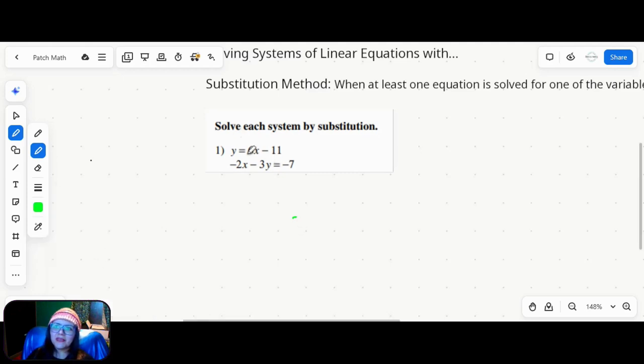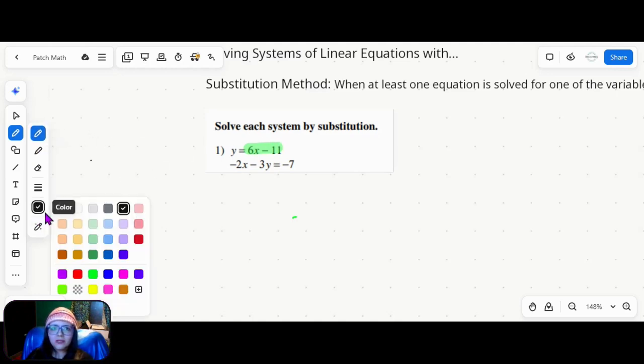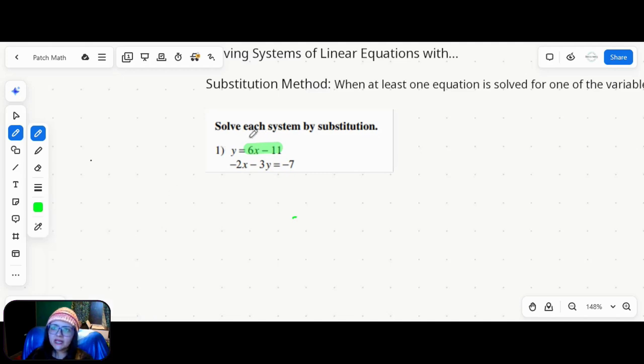Just like the method sounds like, we will be taking all that y equals, and we will be taking it and plugging it in for where y is in the second equation. Now you're going to want to make sure you put parentheses around this when you substitute it.